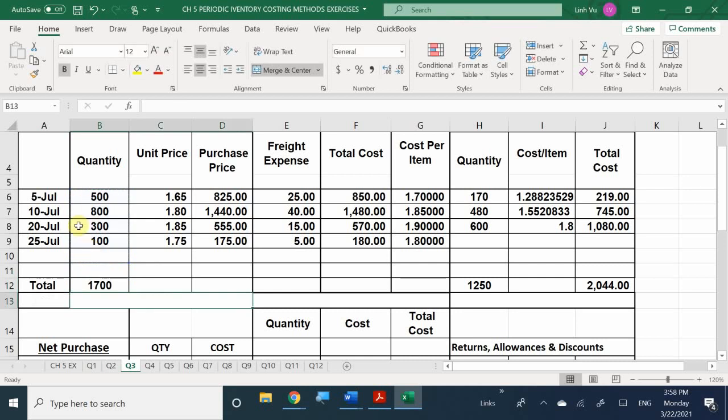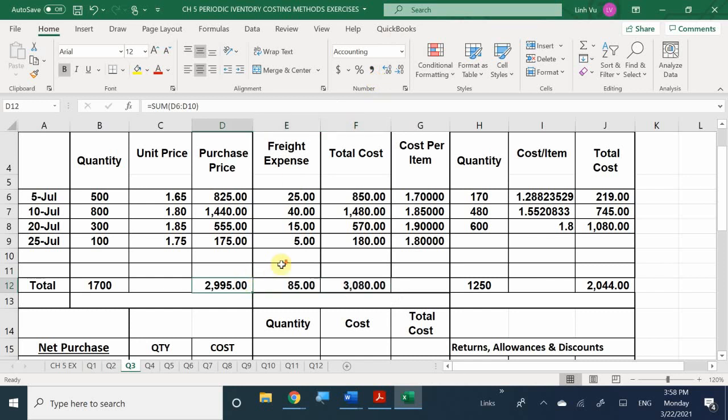We purchased 1,700 items. Good. What was my total purchase price? $2,995. What was my total freight? 85. And then what's my total cost? $3,080. Good.